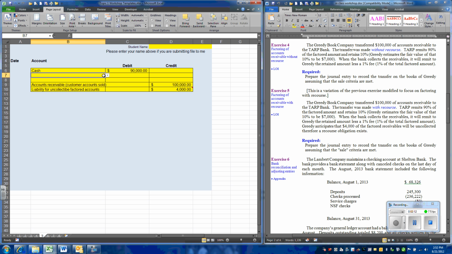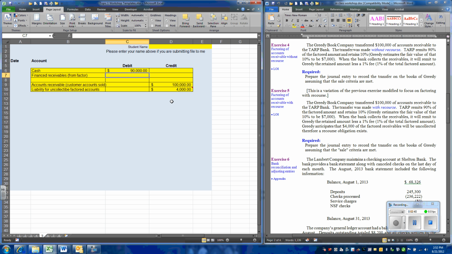So again, we have a future receivable. We anticipate that we will collect more than the $90,000. In fact, we anticipate that we will collect an additional $7,000 that is in that 10% retainage. So we have a future collectible finance receivable.